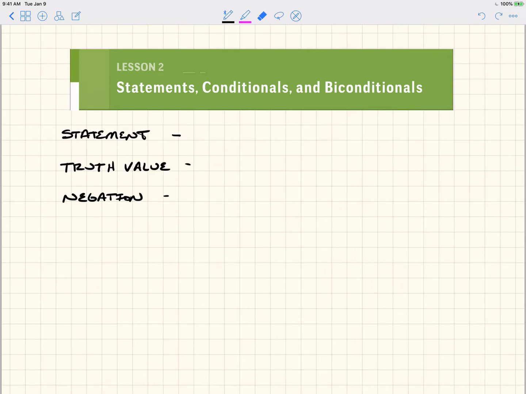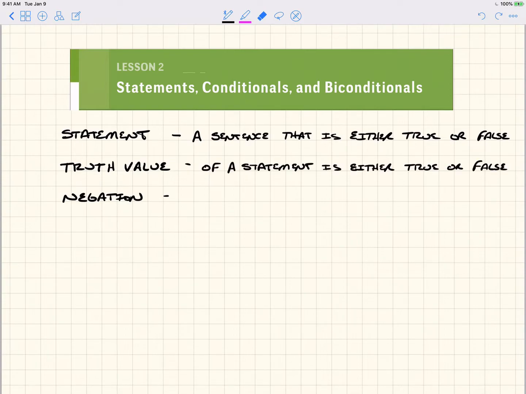Yesterday we talked about a statement being a sentence that is either true or false. A statement is just a sentence, and then someone has to determine for us the truth value of that statement. The truth value of a statement is either true or false.